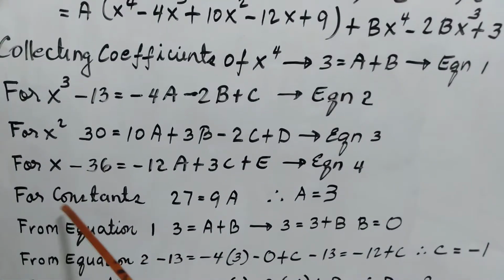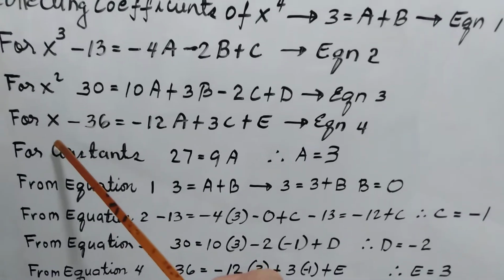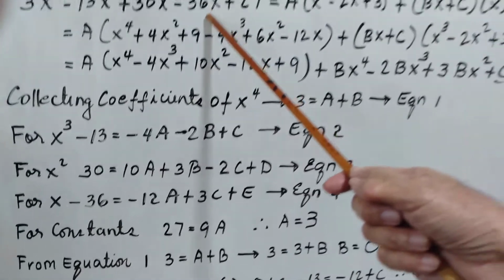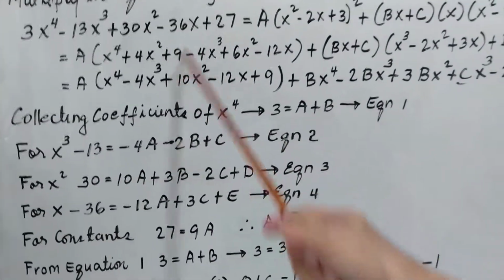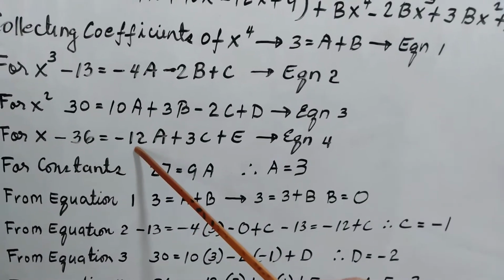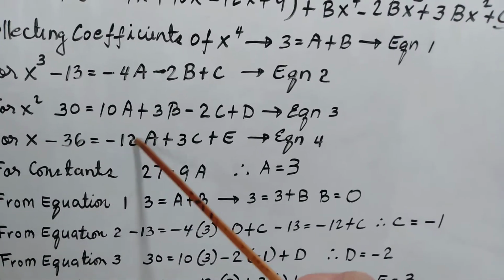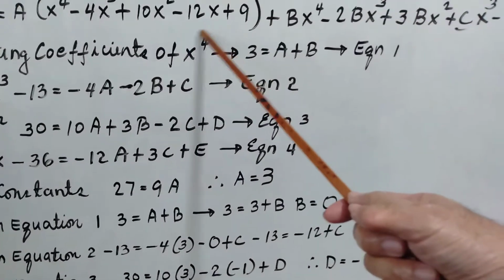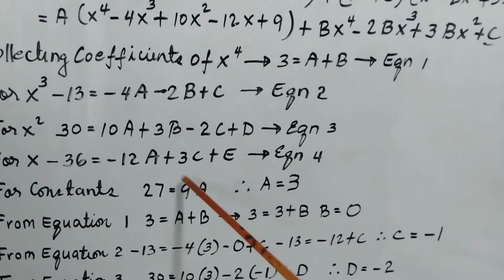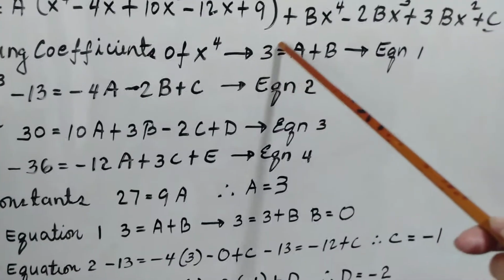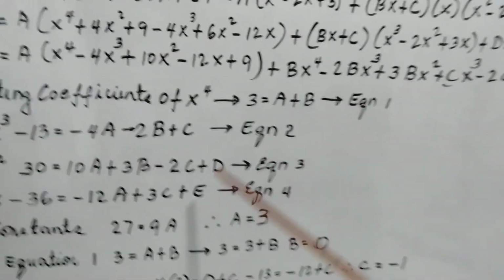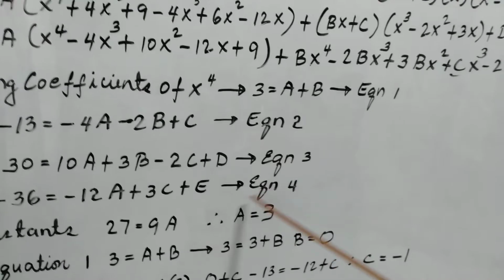For our equation 4, we collect the coefficient of x. So the coefficient of x is negative 36. Negative 36 is equal to the coefficient of x here, which is negative 12a. And for c, the coefficient is 3c.